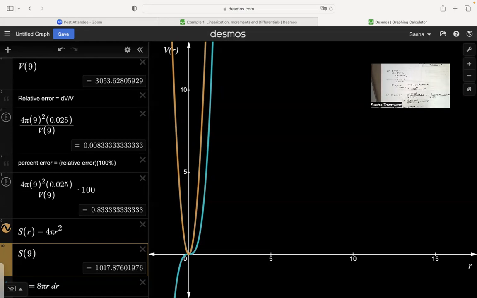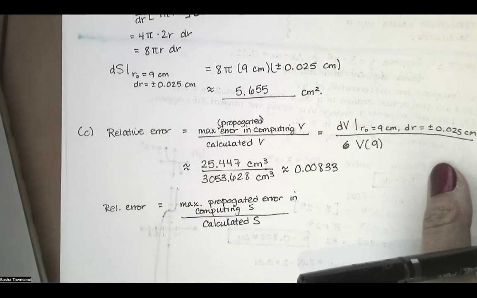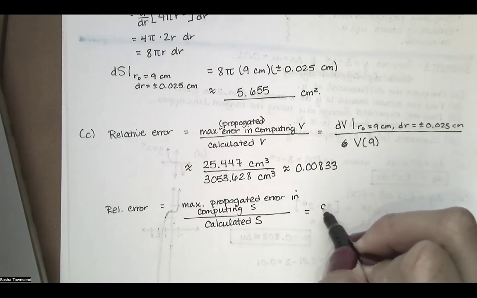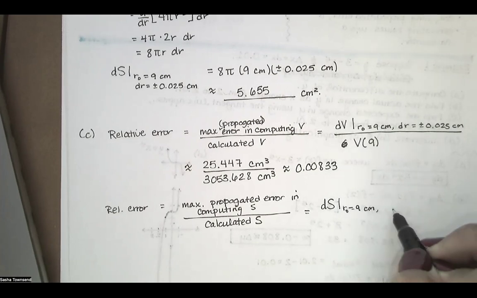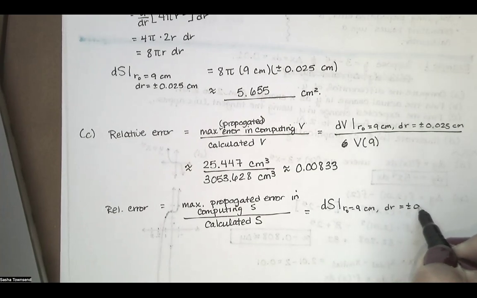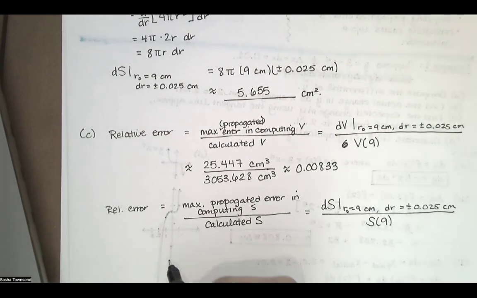in computing S, divided by that calculated value of S, using that measured value of R. And so we have ds evaluated at R naught equals 9 centimeters and dr equals plus or minus 0.025 centimeters. And then we're dividing by S evaluated at 9.